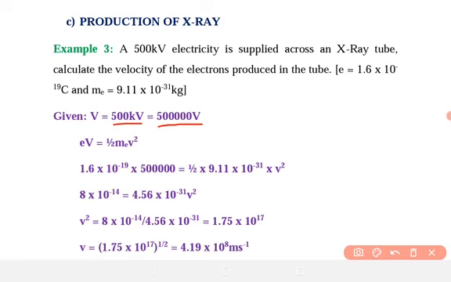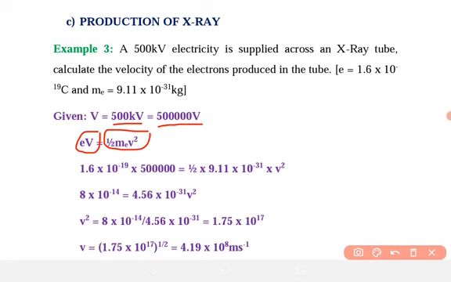This stopping potential is just the voltage that attempts to stop this photocurrent, and it is always equal to the kinetic energy of the emitted electrons in that X-ray tube.